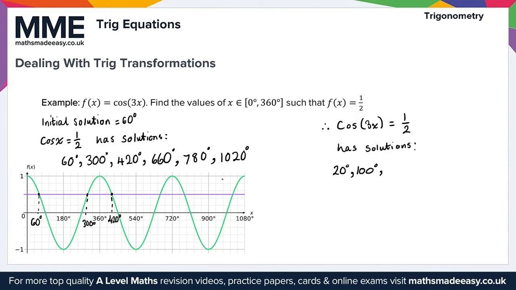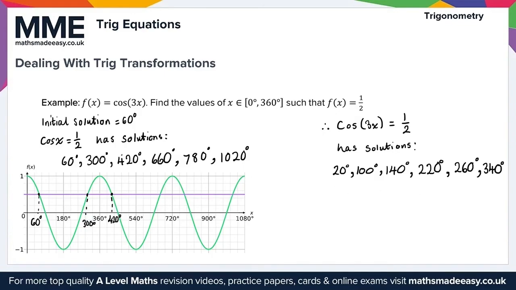Just divide each of these solutions by 3. So we have 140 degrees, 220 degrees, 260 degrees, and finally 340 degrees.